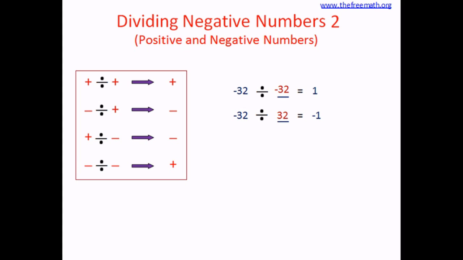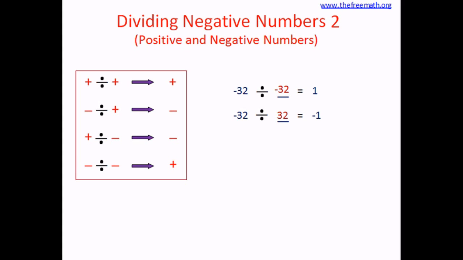Now let's think of the sign. Negative number divided by what kind of number equals negative number? If you look at the second rule, you can see that a negative number needs to be divided by a positive number. So that means this is going to be positive 32 or 32. So negative 32 divided by 32 equals negative 1.